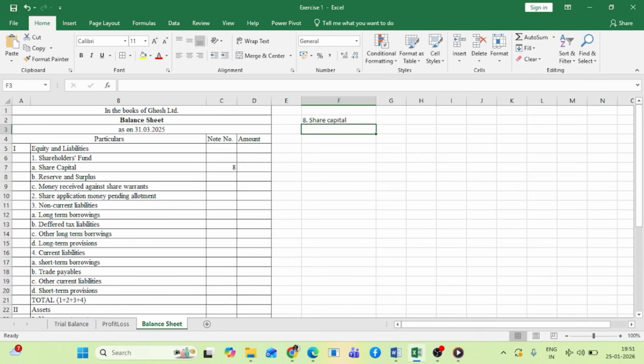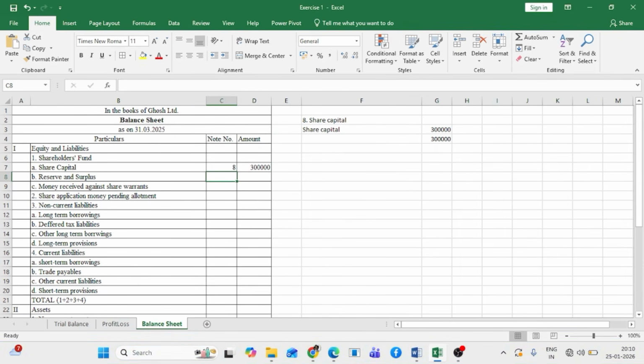The amount of my share capital as given in the trial balance is 3 lakh. So I will write down 3 lakh here. Okay, so 3 lakh is the amount of my share capital.